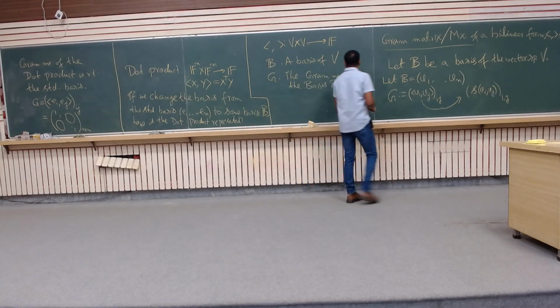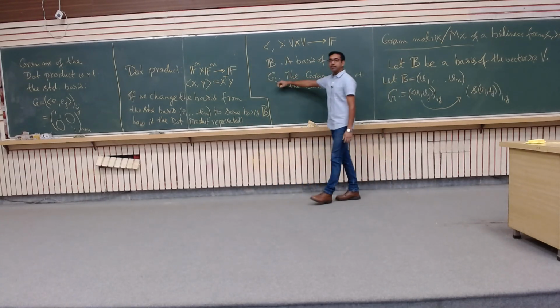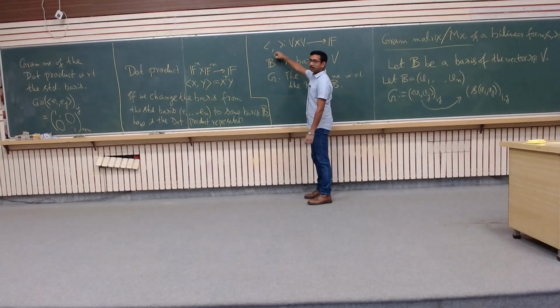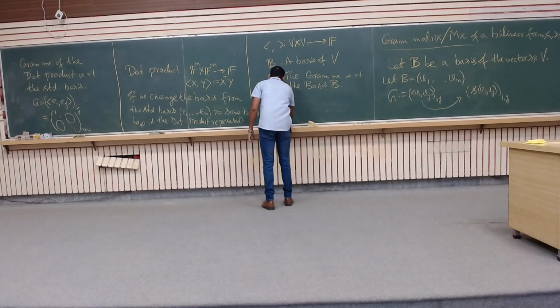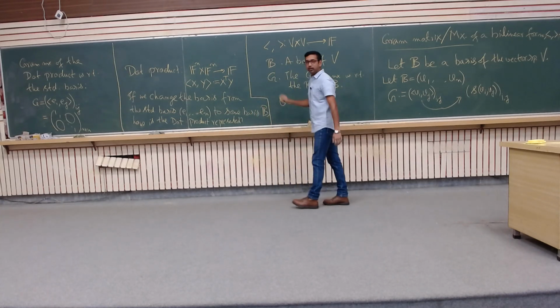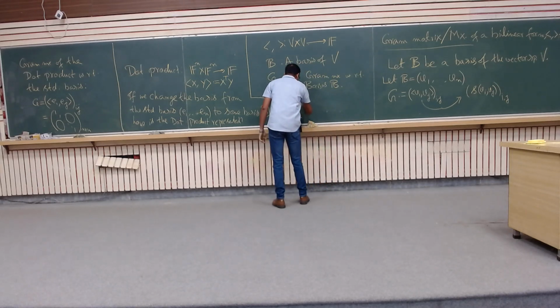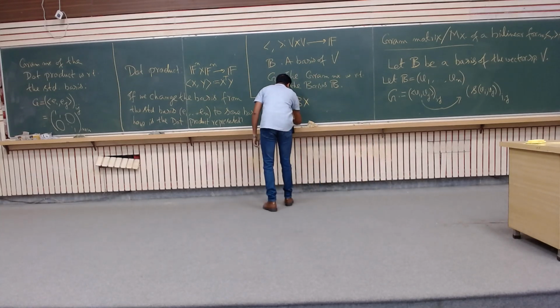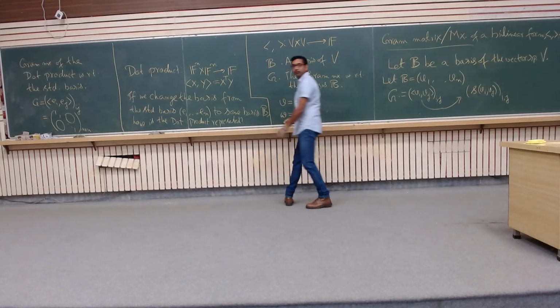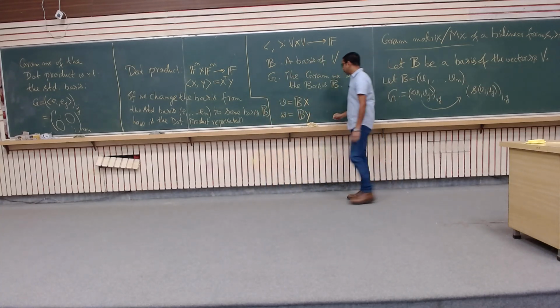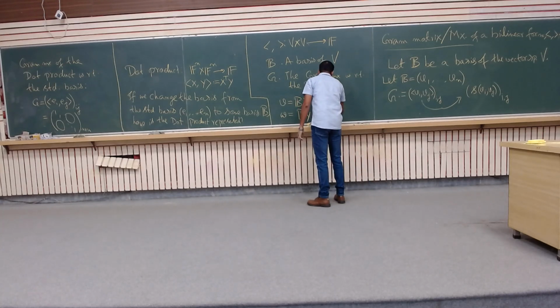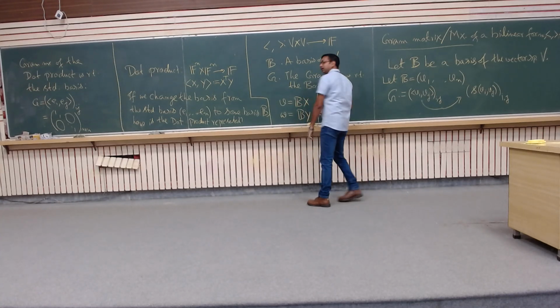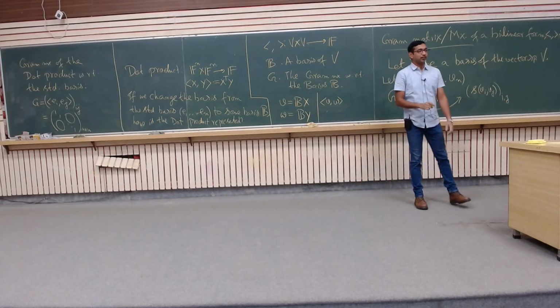Now we will use this Gram matrix to represent the outputs of the bilinear forms. Suppose v is some vector in V, given by Bx. This is the linear combination of the basis vectors expressing v. And suppose w is By. We would write this using the Gram matrix and x and y.